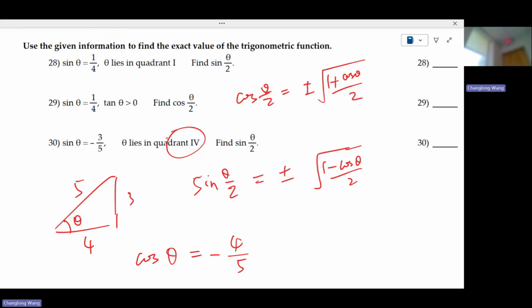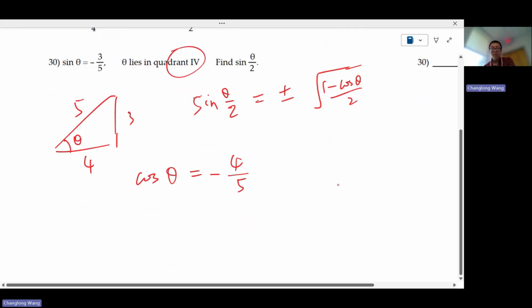No, the plus or minus possibilities come from the fact that the angle theta over 2 might not be in the first quadrant, and some of the trig functions might be negative. Do you know the range of an angle in the fourth quadrant? What range does the angle have to fall into to be in the fourth quadrant?